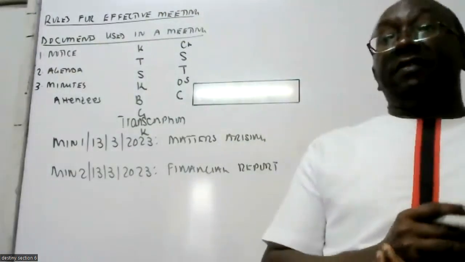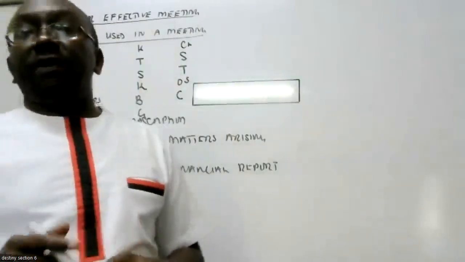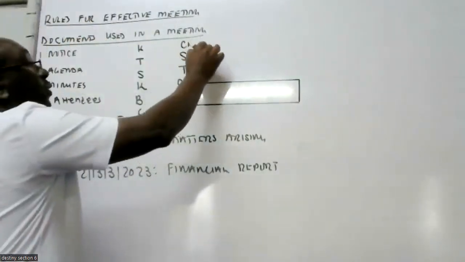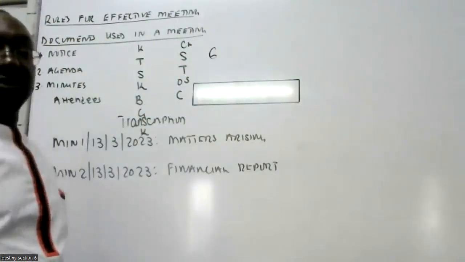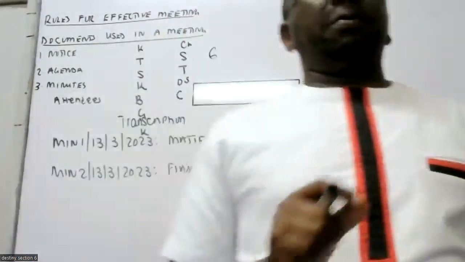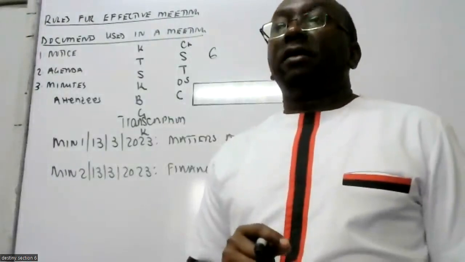And these minutes are very important, especially when it comes to companies, because if someone has failed to attend meetings in 6 consecutive sittings or 6 consecutive months, that person is supposed to even be removed from being a director of that company.